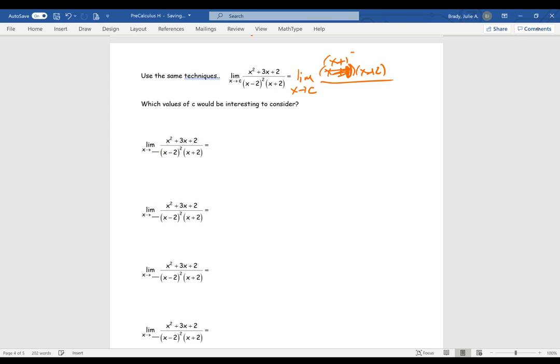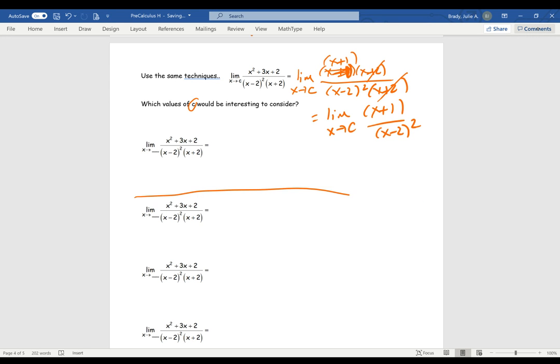X plus 1 in the bottom is already factored. And I can do a reduced function. And so these reduce out, and really I can look at this almost identical function. Okay, so the first thing we want to look at, like what numbers do you want to look at?